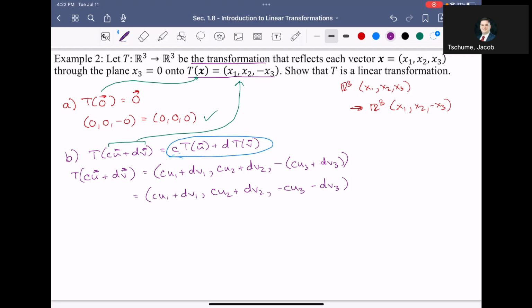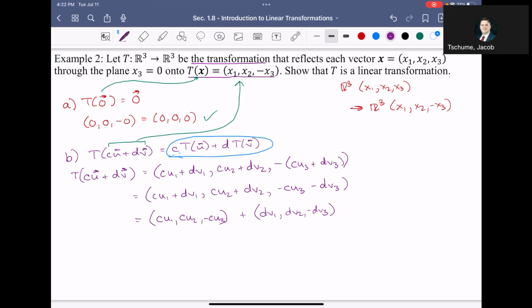So I'm going to break this up into a u vector plus a v vector. By taking this one three-dimensional vector and separating it out, you should get cu1, cu2, and negative cu3. I put all my u elements in the first vector, and likewise, I'm going to put all the v elements in the second vector.